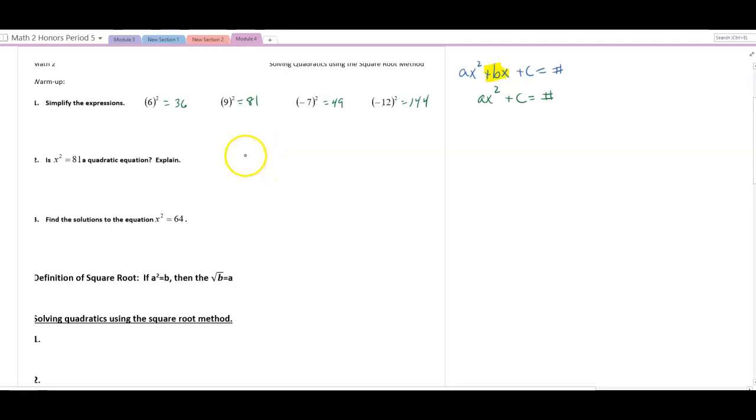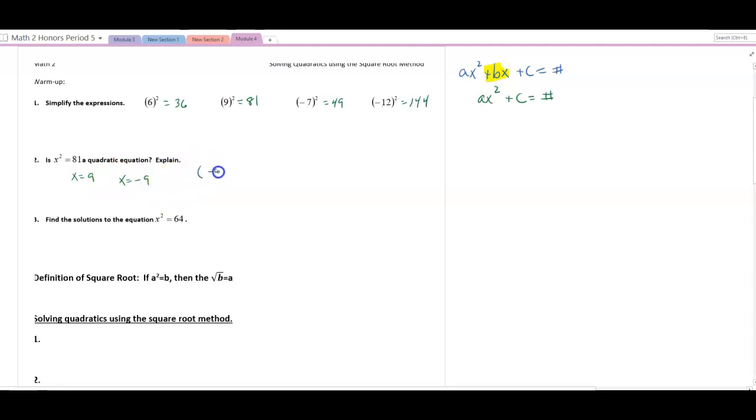So if I gave you the equation x squared equals 81, and we know that the solution to an equation is the value of the variable that makes the equation true, think of values of x that would make this true. A lot of you would say 9, but could negative 9 work?